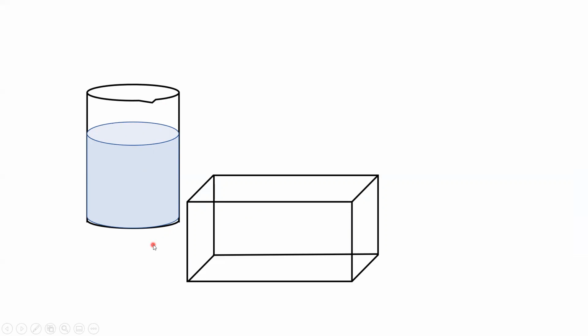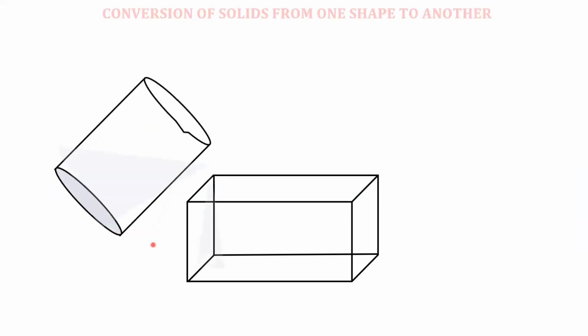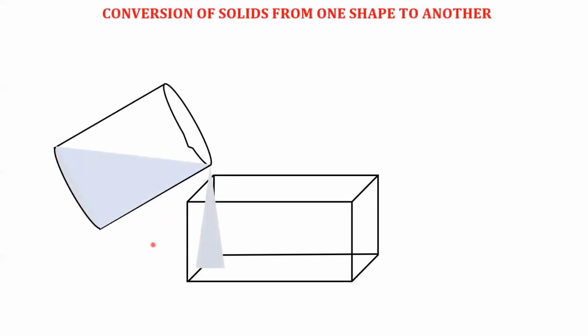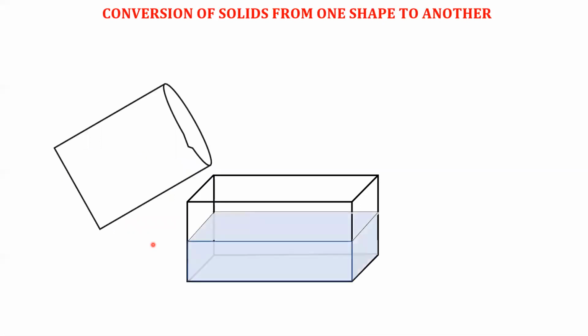And as I'm pouring this water into this cuboid vessel, now the water got the shape of a cuboid. And what is the volume of the water in this vessel? 2 liters, isn't it? Because I took 2 liters of water in the beaker, and I am pouring the water into the vessel.